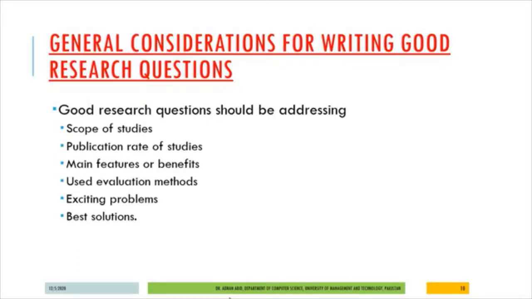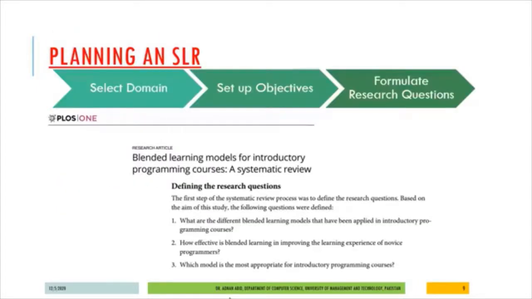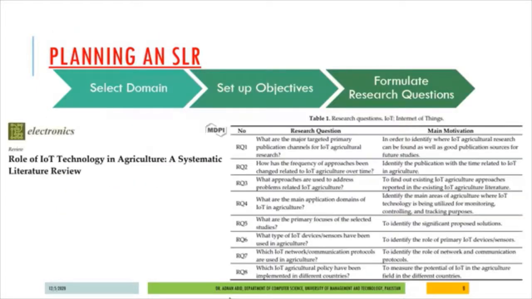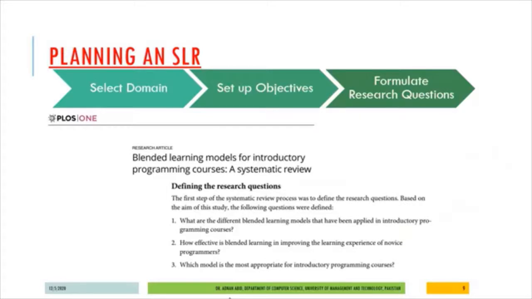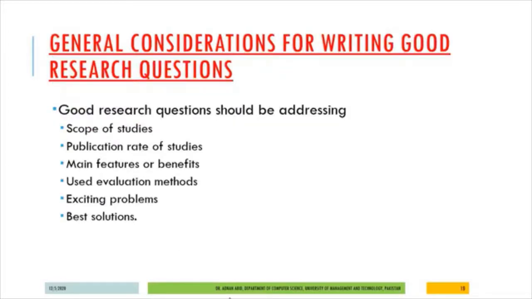So the next thing is general considerations for writing good research questions. Once we have this planning part, we have already seen a couple of examples, and with these examples we are pretty comfortable with the types of questions that are there.